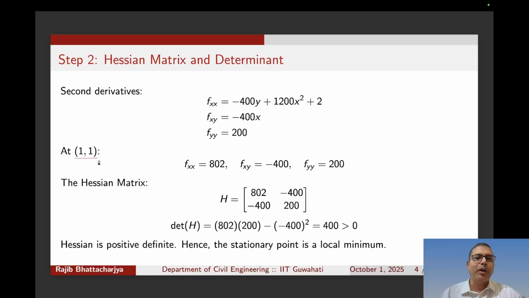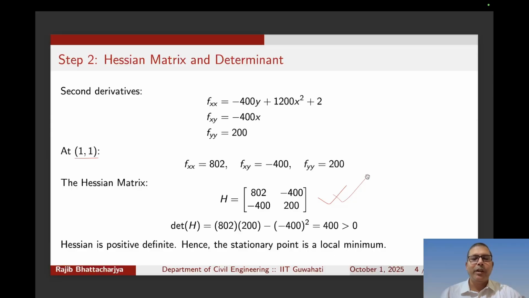At the stationary point, fxx is 802, fxy is minus 400, fyy is 200, and therefore the Hessian matrix is [802, minus 400; minus 400, 200]. So I got the Hessian matrix. Now you have to evaluate whether this Hessian matrix is a positive definite matrix, a negative definite matrix, or neither positive nor negative.